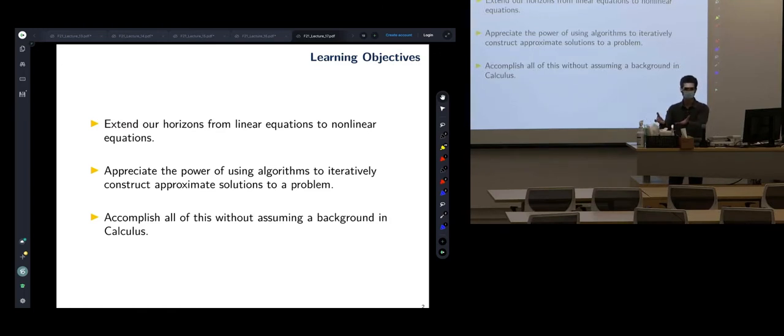Nobody's going to hand it to you like that. But you can see the process of how the problem can be converted. And as part of the solution, we often need to solve a system of linear equations as part of an algorithm.